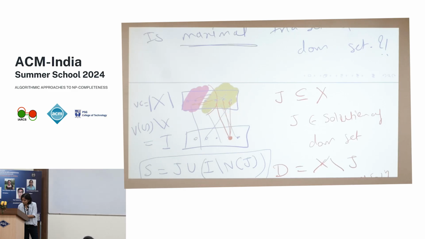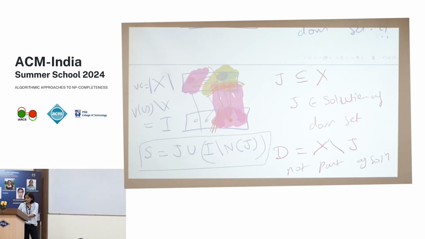Yeah, so even their neighbors, this is also dominated. So suppose this is the part which goes to solution. Let me also make it pink. So all the neighbors of this pink is also dominated. And there is something remaining which are not neighbor to anything which goes in solution. Okay? Fine. So this is what I have.